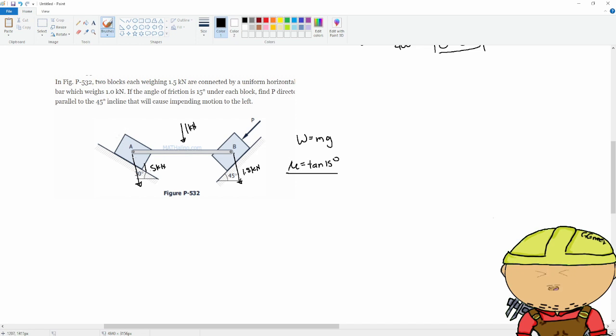So if this is motion to the left, friction, NF first, and let's name this NFA. Let's name this NFB. And this is like the physics part, where we're applying forces that are not shown in the diagram. Friction B goes to the right because motion is to the left.